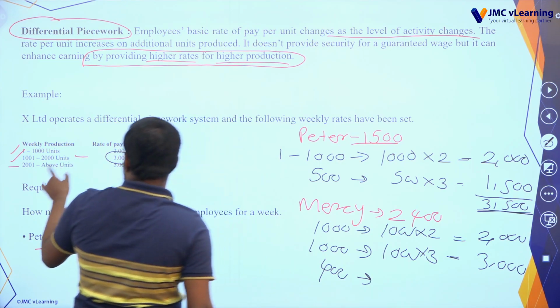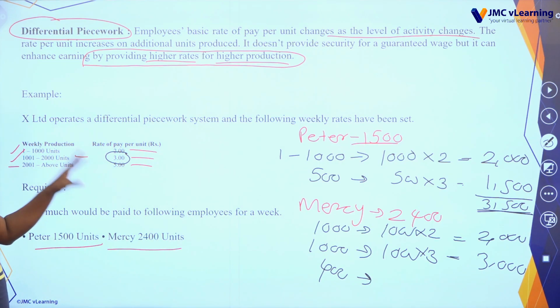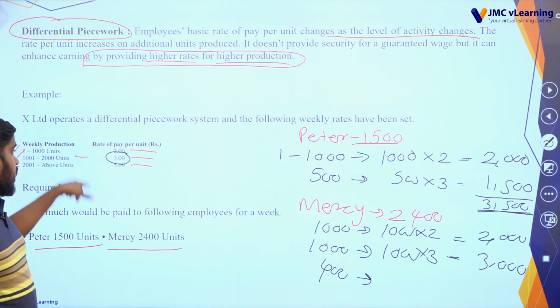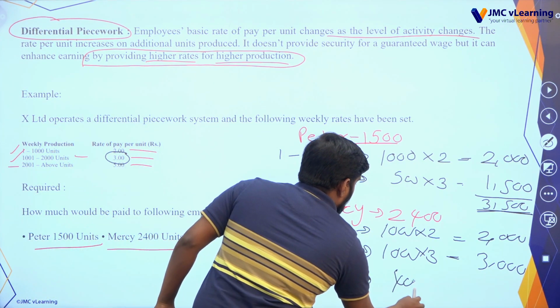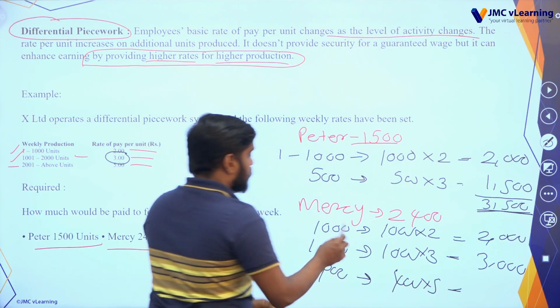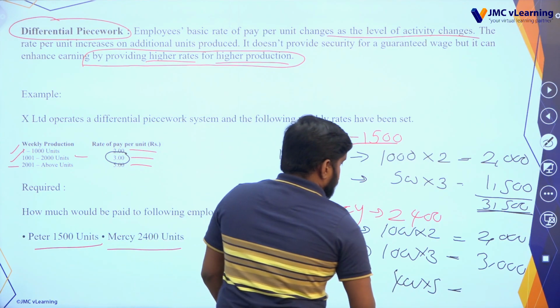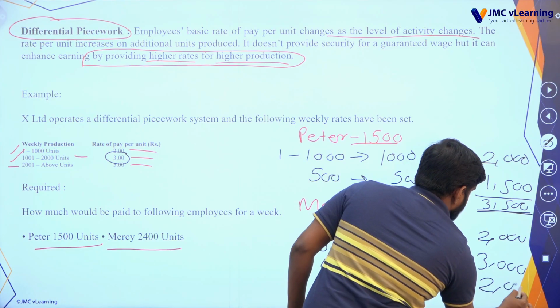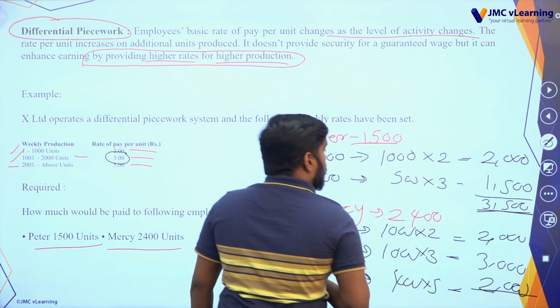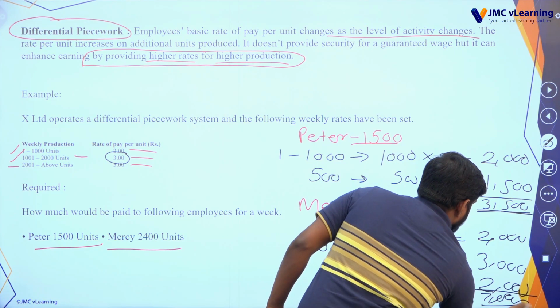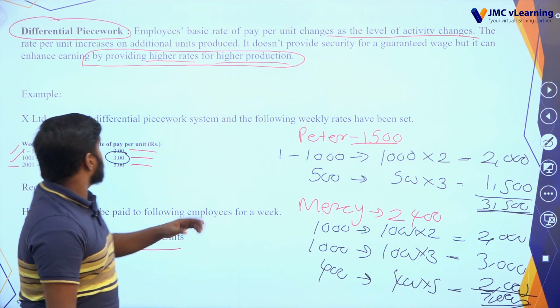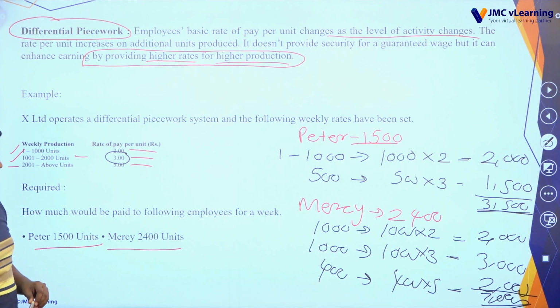As per the rule set, if some employee produces 2,001 or above units, this employee is eligible to get 5 rupees per unit. Therefore, Murky is eligible to get 5 rupees per unit for this balance of 400, that means 400 multiplied by 5, 2,000. Then we can get the total earnings of Murky as 7,000 based on the differential piecework method.